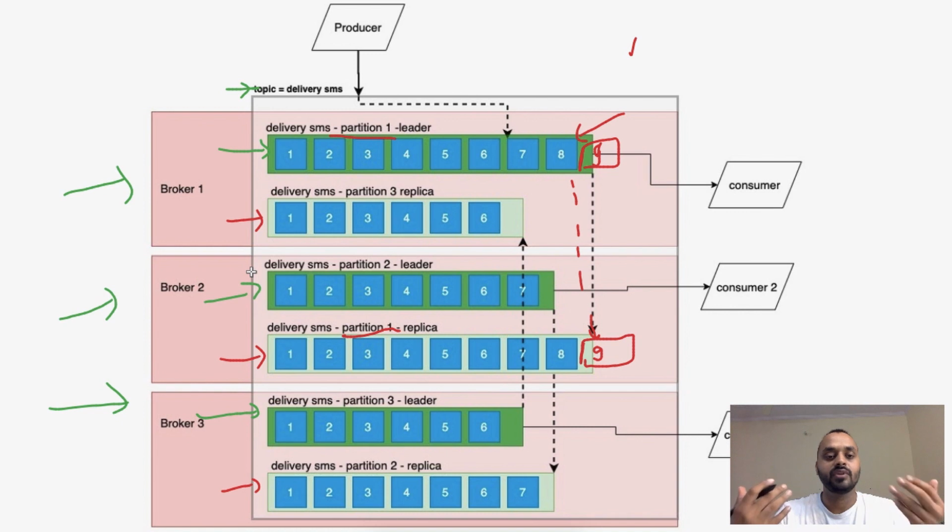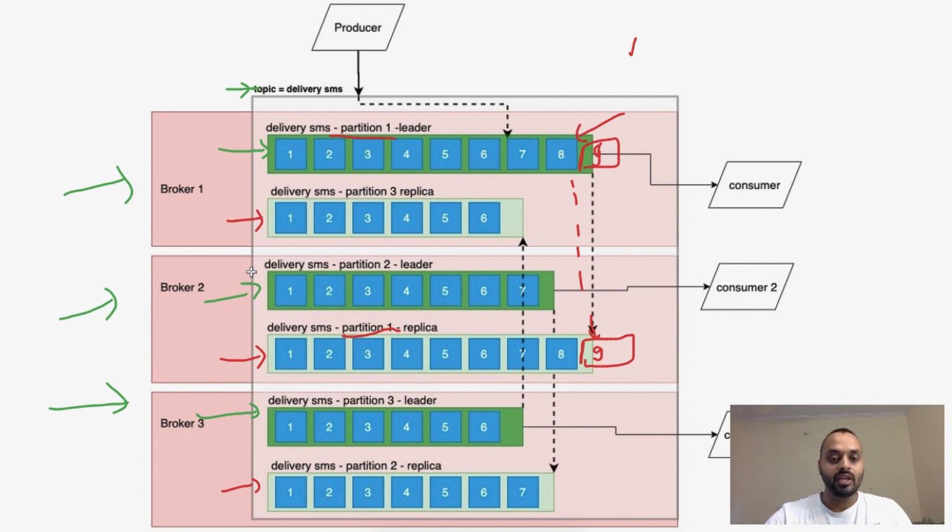If we have only one broker in our ecosystem, there is no option for Kafka, but if we have multiple brokers, it will distribute these follower partitions to different brokers and even to different racks, because Kafka is rack aware.